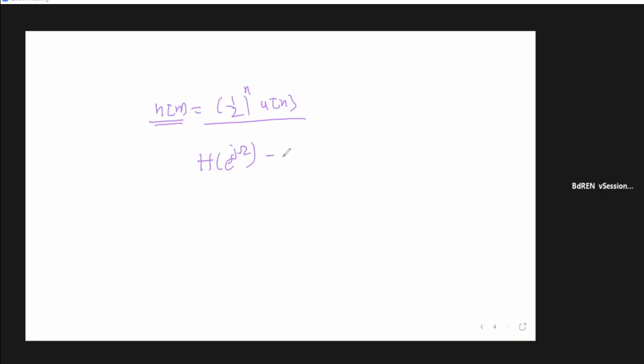What is the H(e^{jω})? Because we have learned h[n] is equal to alpha to the power n u[n] earlier, isn't it? And whose H(e^{jω}) was equal to what? Simply 1 divided by 1 minus alpha e to the power minus jω, wasn't it? Yes, sir.